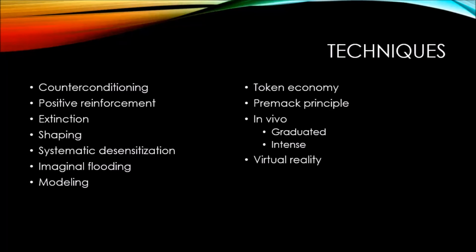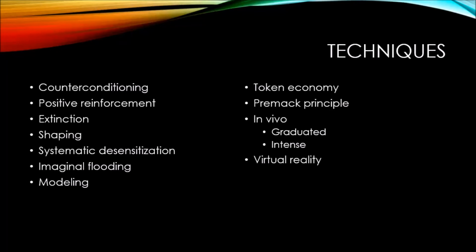Then we have the technique of shaping, and this technique is a little more complicated. With shaping, a behavior therapist is aware of a maladaptive or undesired behavior and a desired behavior. But the movement from the maladaptive behavior to the desired behavior is done gradually by reinforcing approximations of the desired behavior.